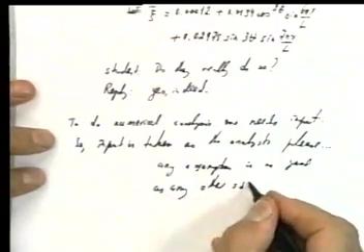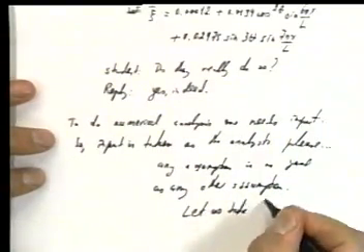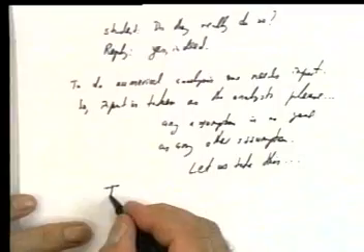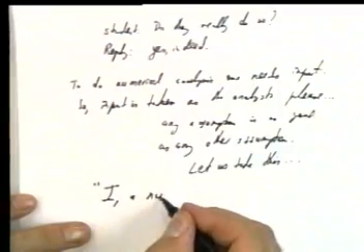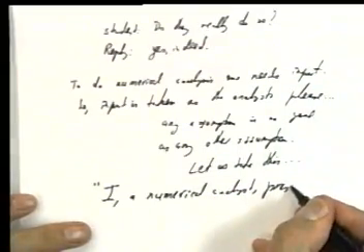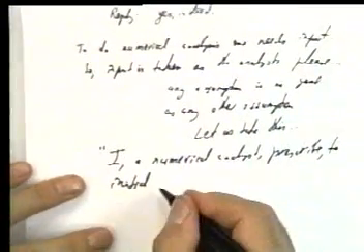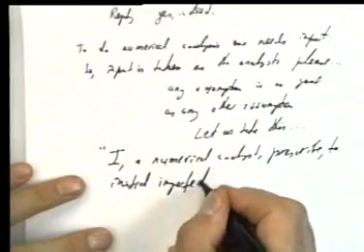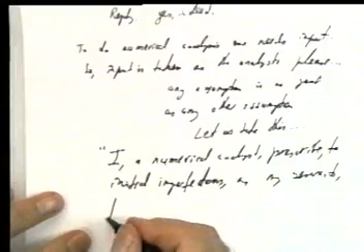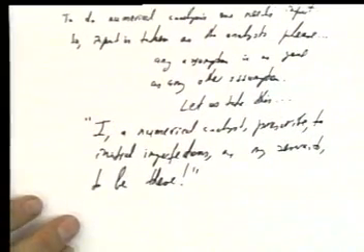Let us take this. They actually say, I, a numerical analyst, prescribe initial imperfections, prescribe two initial imperfections as my servants, to be this. Okay, that is what they say.